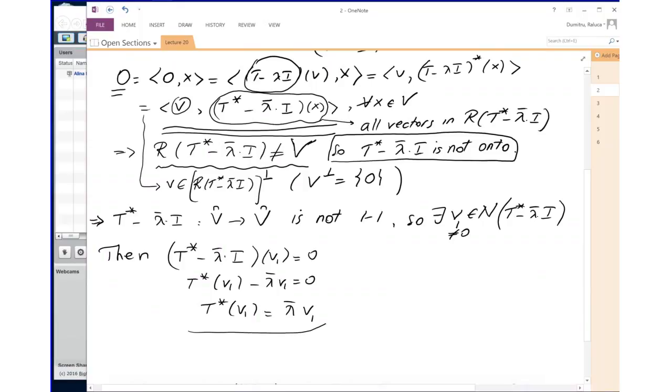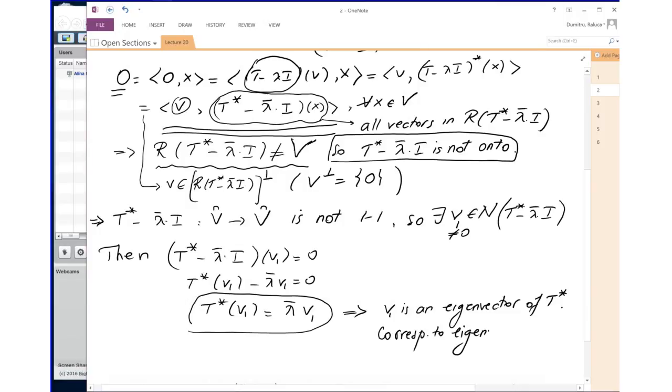Which is exactly what I'm after, because this identity tells me that v1 is an eigenvector of T star. That's what it means to be an eigenvector. It's an eigenvector corresponding to eigenvalue lambda bar, the complex conjugate of the original lambda.